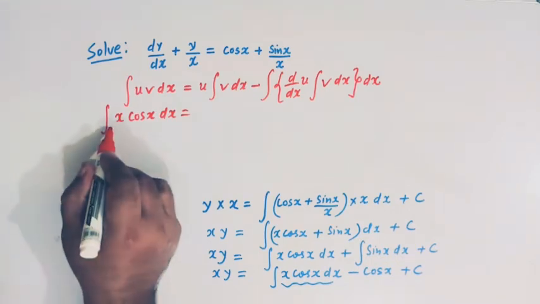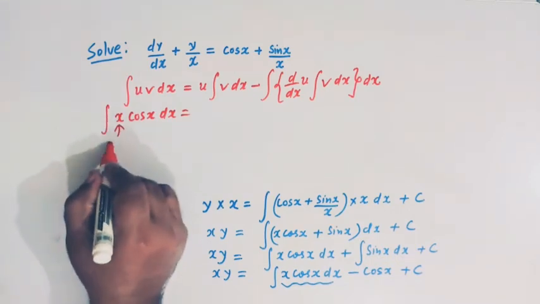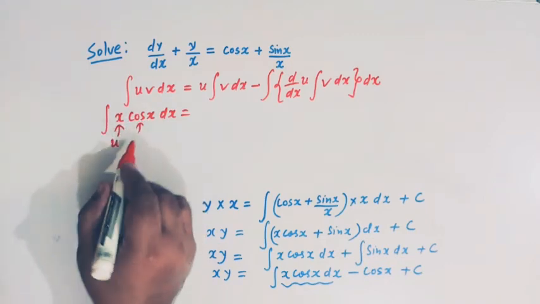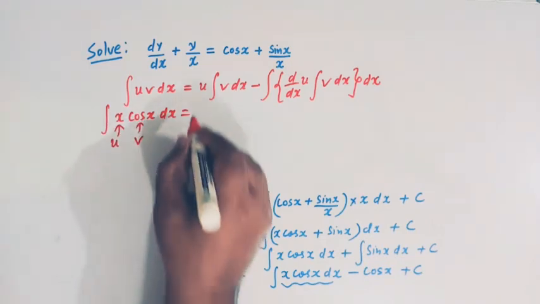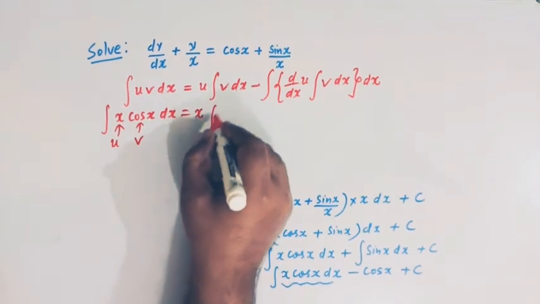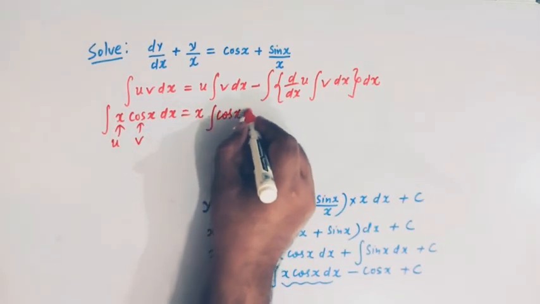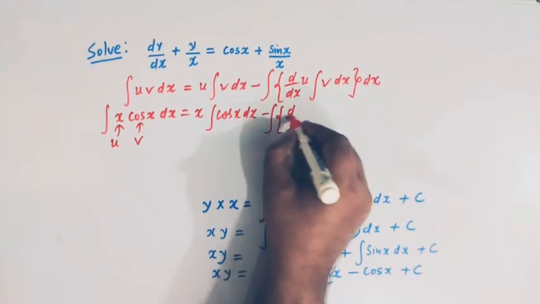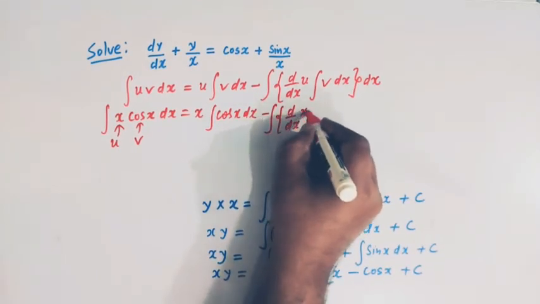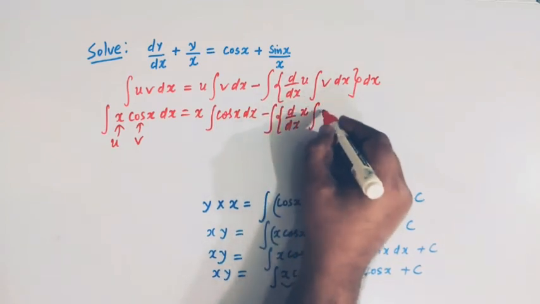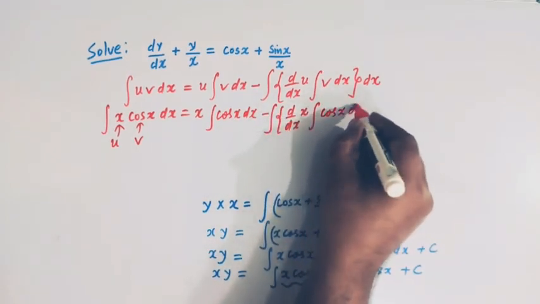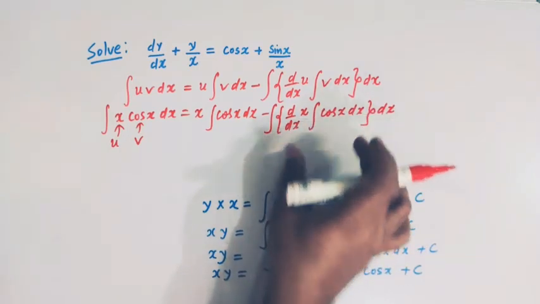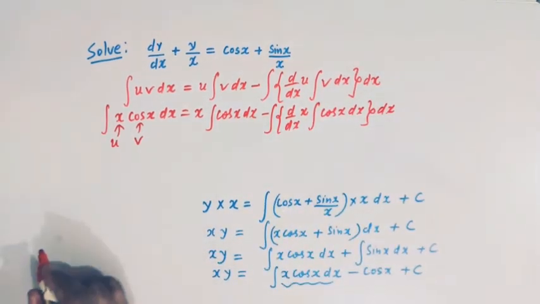So here we'll take x as the first function and cos x as the second function, right? So we have here x, then integral of cos x, then minus the integral of the derivative of x times integral of cos x dx, and the whole quantity is then integrated with respect to x, right?